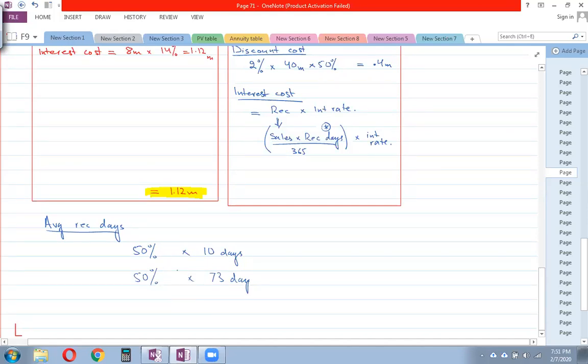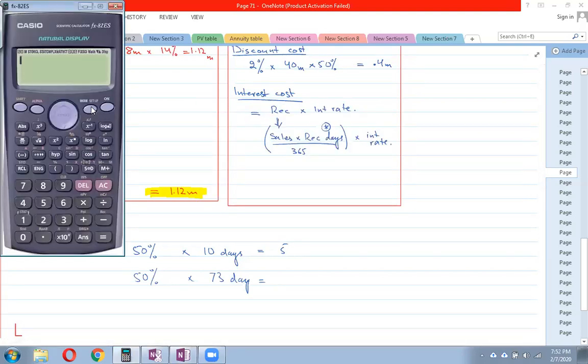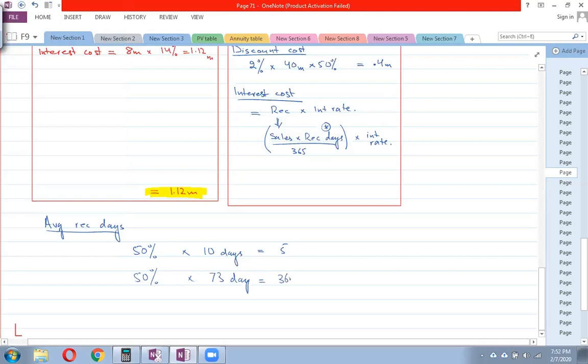In this question, even if you calculate normal average, it will work, but not in all the questions, right? So this should give us 10 multiplied by 50%, which is 5, and 73 multiplied by 50%, which should be how much? 36.5. So how much will be receivable days? Average receivable days 41.5, right?